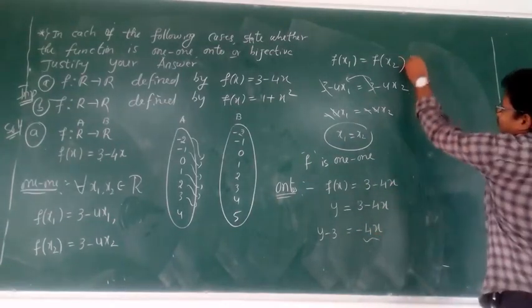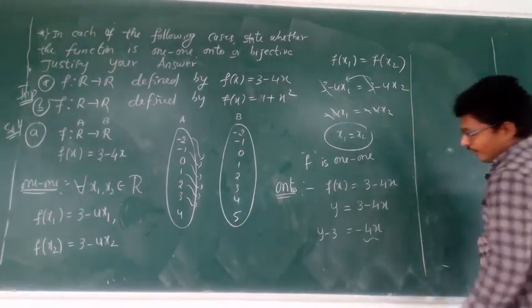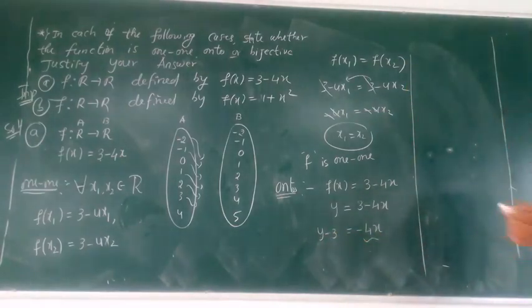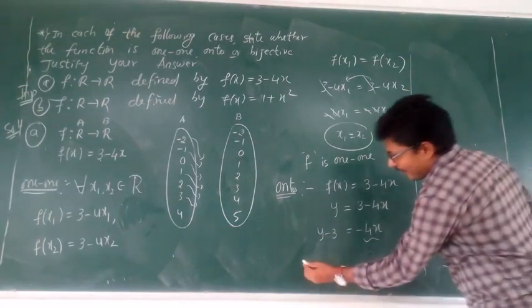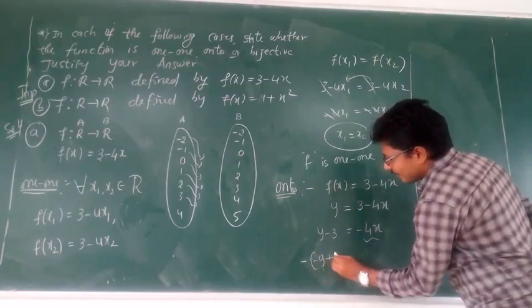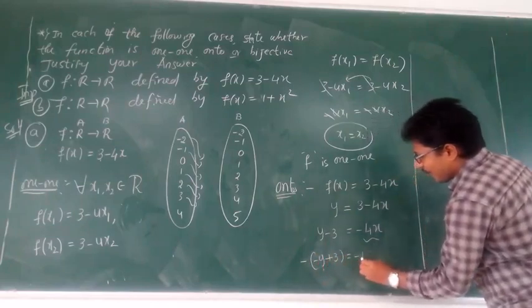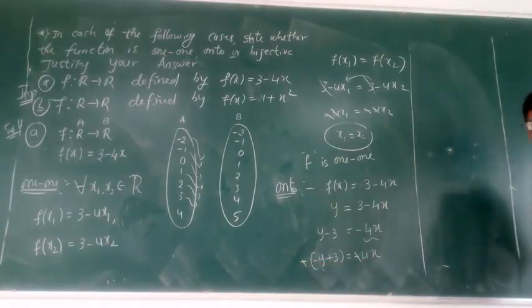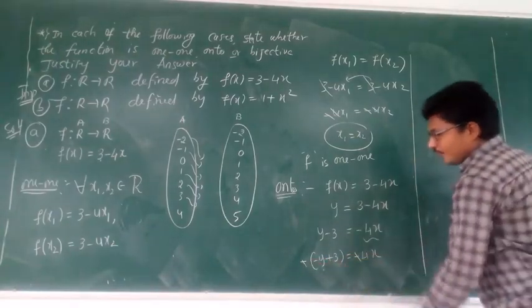ಏನು ಮಾಡಬಹುದು ಹಾಗಾದ್ರೆ? In between these two values we should take a minus as a common value. ಏನು ಮಾಡ್ರಿ? Take ಮಾಡ್ರಿ. Minus y minus 3 gets converted into plus 3, minus of 4x, this minus cancels. So always we should write the positive number first.